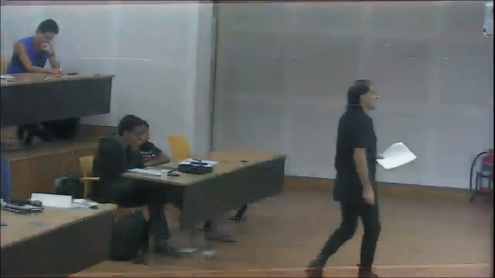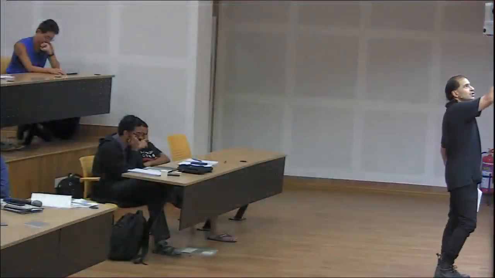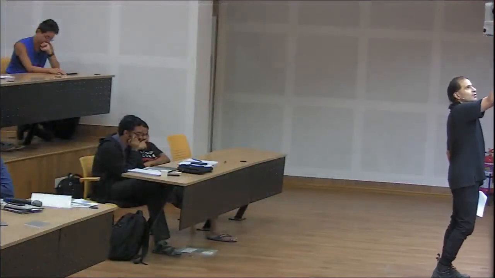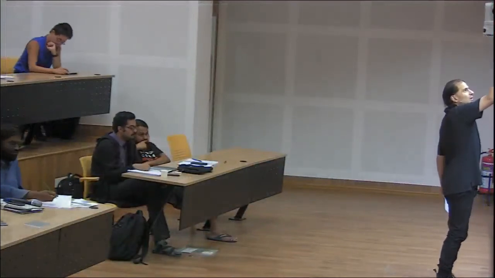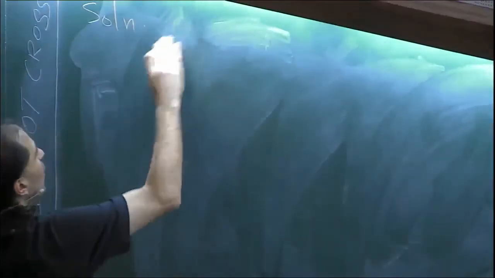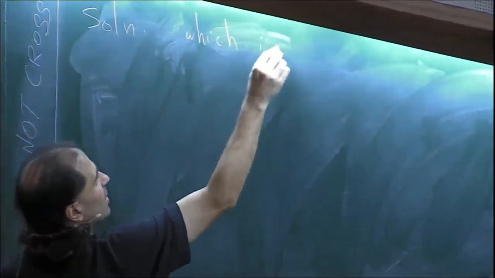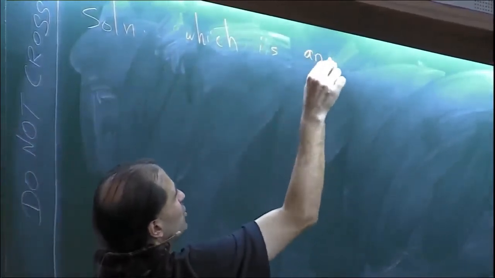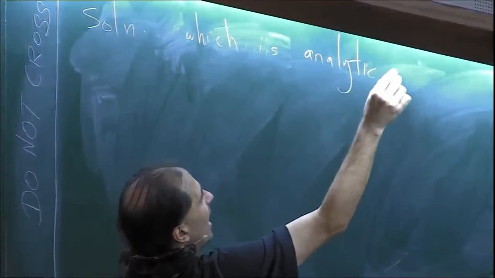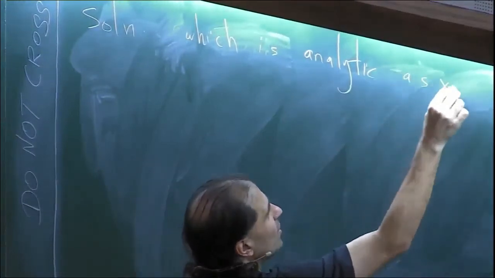All right, so let's call this solution. There's a solution of the whole equation, which is analytic up to that square root factor, which is analytic as x goes to 0.